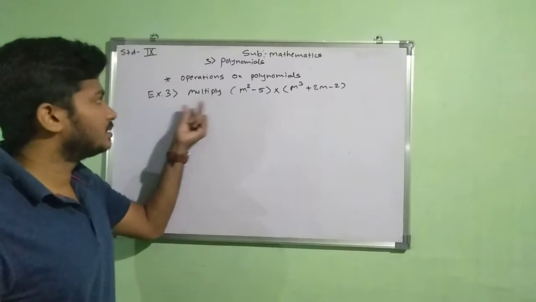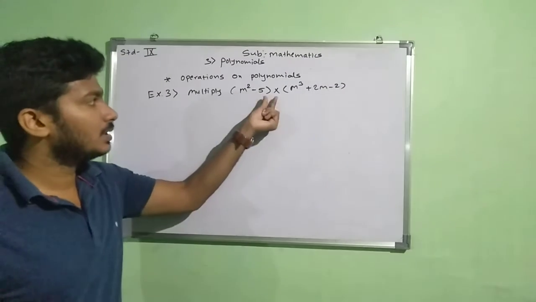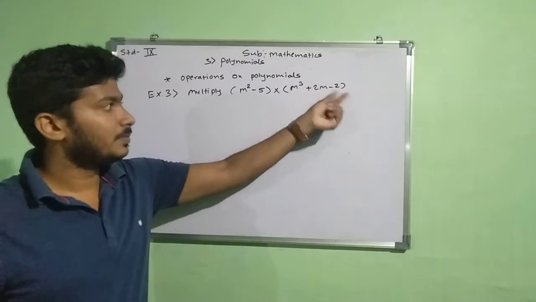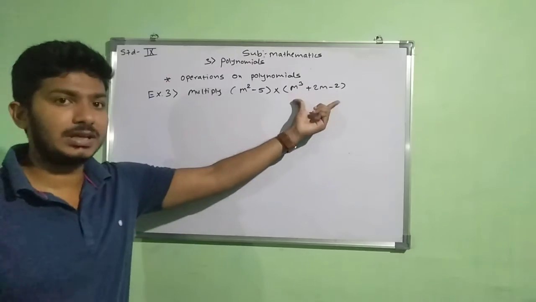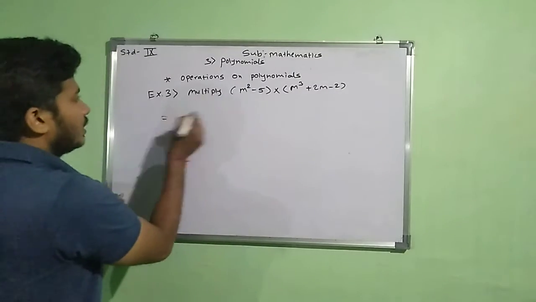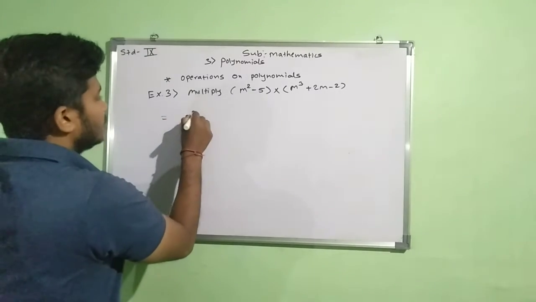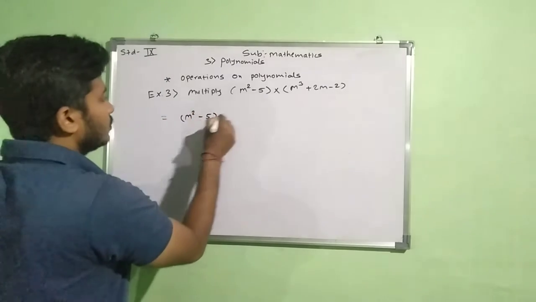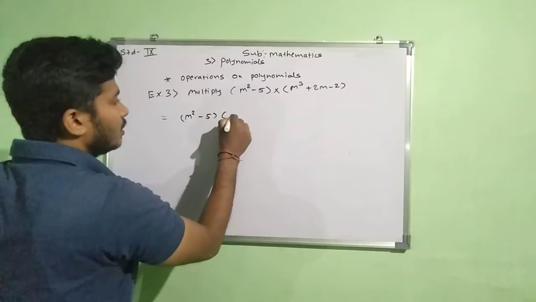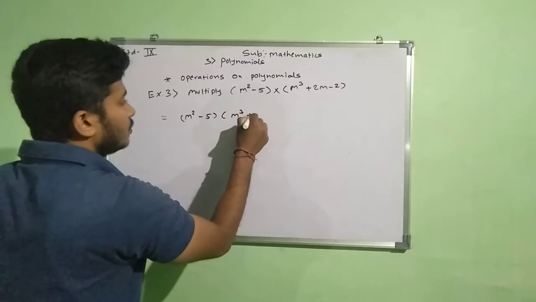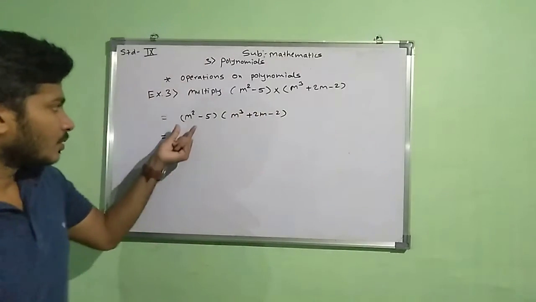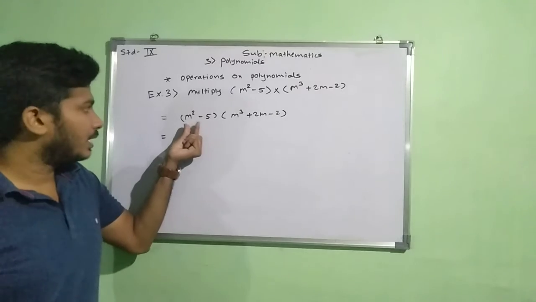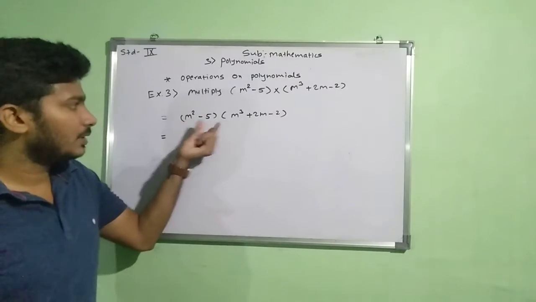So our third example is multiply m square minus 5 with m cube plus 2m minus 2. That means this is a trinomial, this one is a binomial. Binomial multiplication with trinomial. So we will write m square minus 5 and in another bracket m cube plus 2m minus 2. Now we will multiply that m square minus 5 with that bracket.